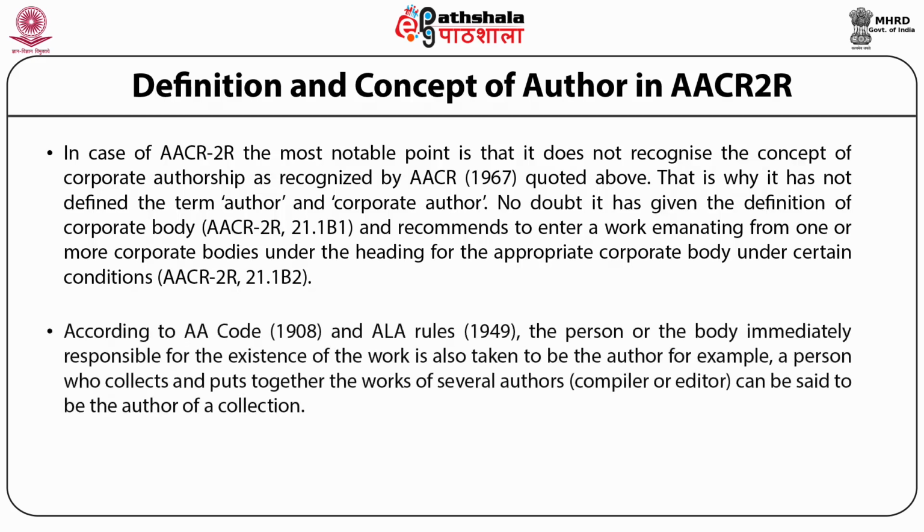According to AA Code 1908 and ALA Rules 1949, the person or the body immediately responsible for the existence of the work is also taken to be the author. For example, a person who collects and puts together the works of several authors, a compiler or editor, can be said to be author of a collection.